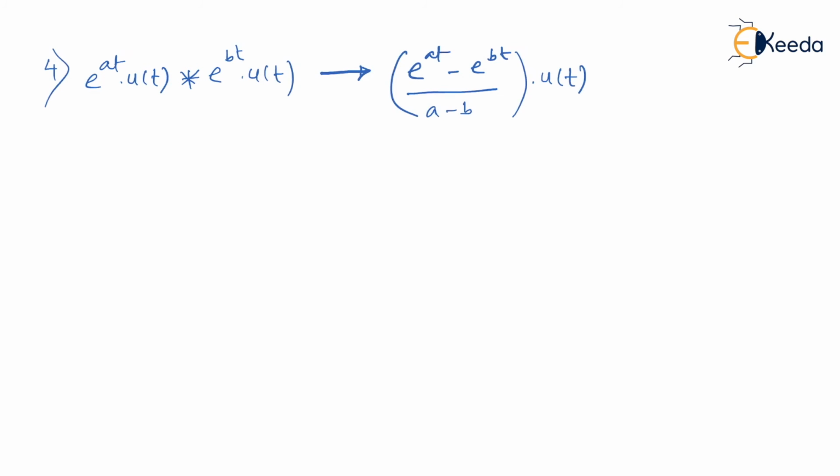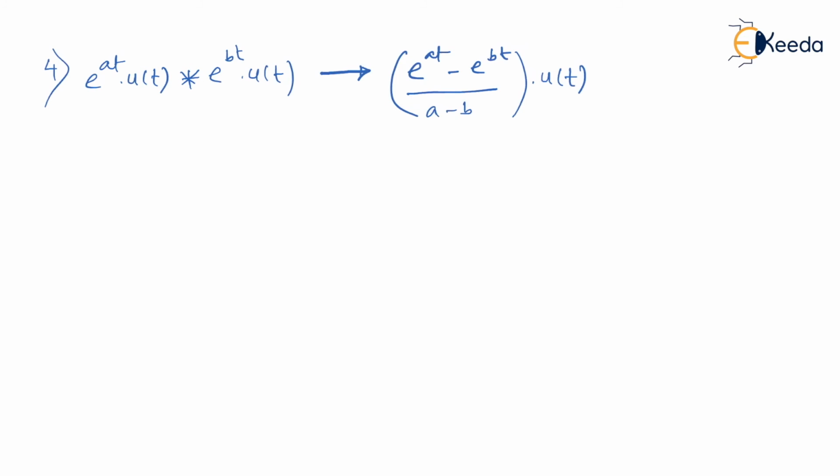Rather than solving convolution in the time domain, it is easier to deal with convolution in the frequency domain, because we know that convolution in the time domain becomes multiplication in the frequency domain. But then we'll have to wait for it.